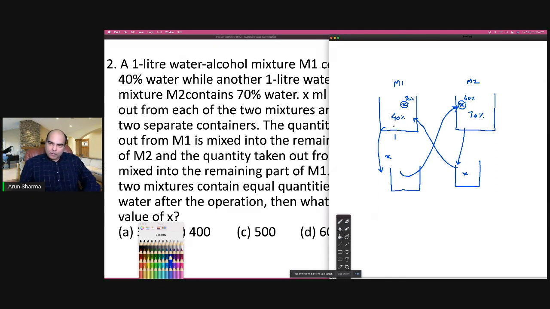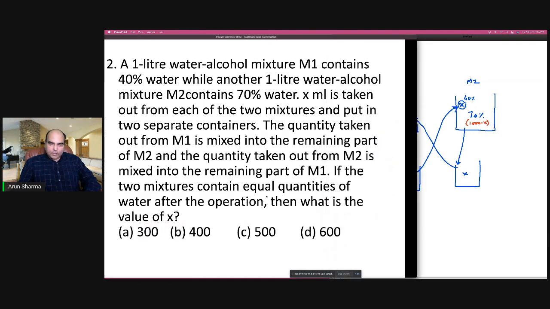And basically the amount left in M1 of the 40% is going to be 1000 minus X, because you're taking out X, and the amount here of the 70% is 1000 minus X. This is the reaction at this point.